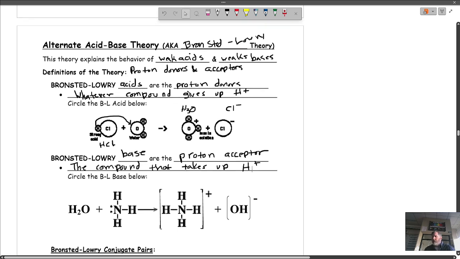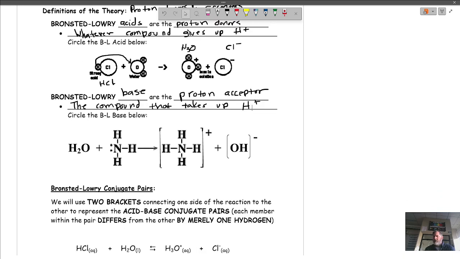All right, so we have ammonia and water, and you'll notice that the water gives up a hydrogen and the ammonium is formed and you have the OH formed. So who accepted the hydrogen? This will be our Bronsted-Lowry base because it accepted the proton.